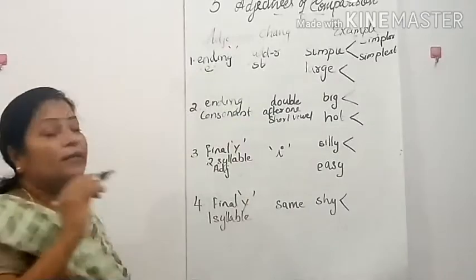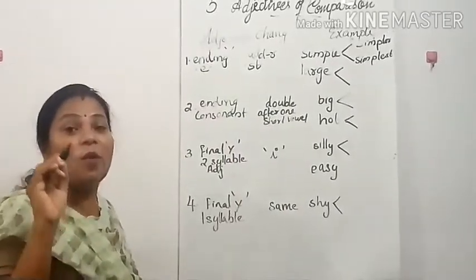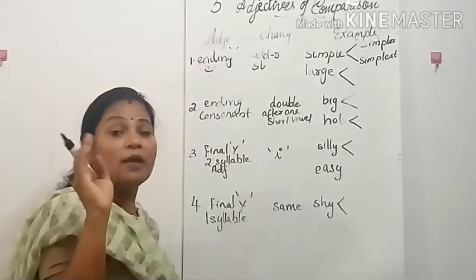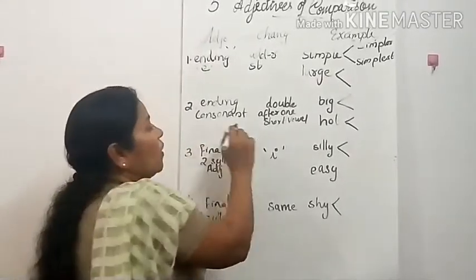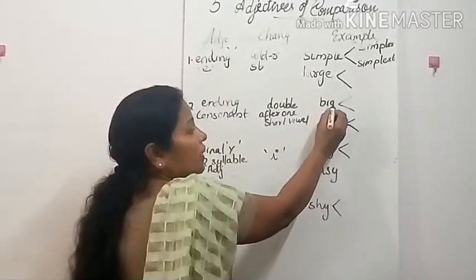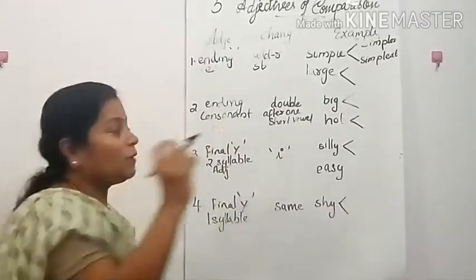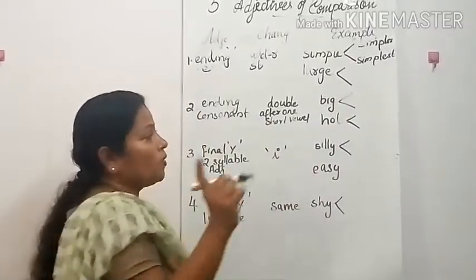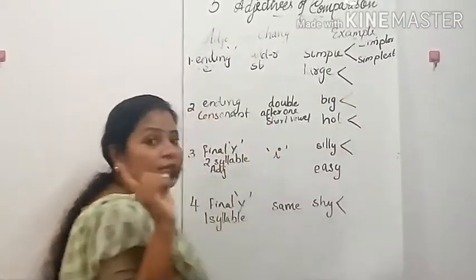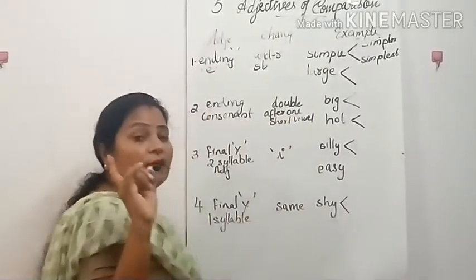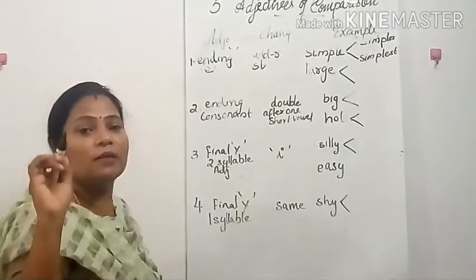Then, an adjective ending in a consonant. Okay, consonant, you know what we learned in the article lesson. For example, big. G is a consonant. That means a word that is ending in a consonant. G is a consonant. Hot. T is a consonant. Okay. The letters other than vowels are consonants.